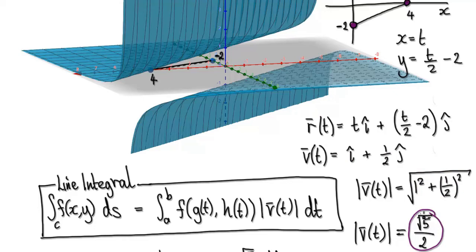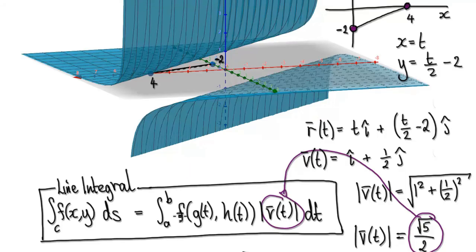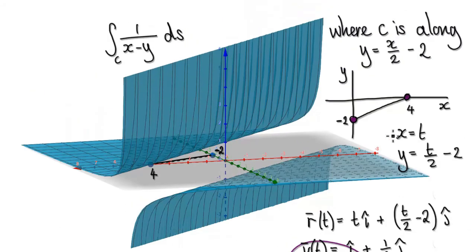So you can put the speed into here, and our integral is from, as time ticks away, you can see time starts at 0, 1 second, 2 seconds, 3 seconds, 4 seconds. So time varies from 0 to 4 seconds.